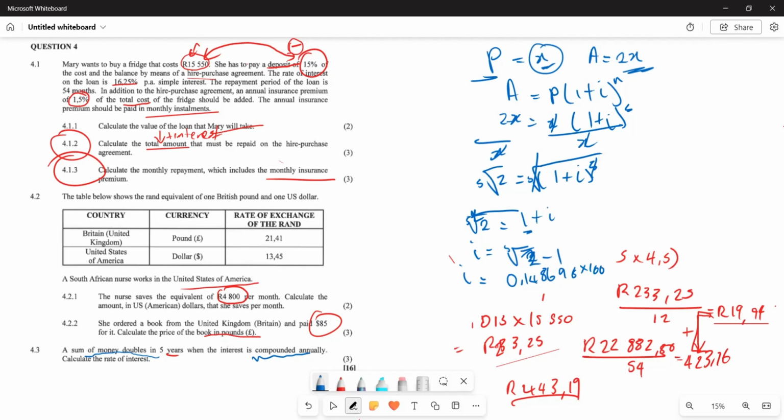Now when you multiply this by 100, you realize that the interest rate is 14.87%. Which means for your X to double, it will require the interest rate to be 14.87% per annum. So basically, that's how you are going to tackle this type of question.